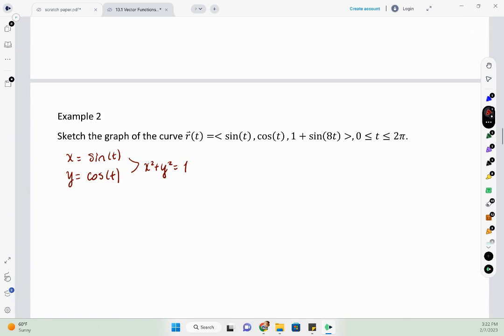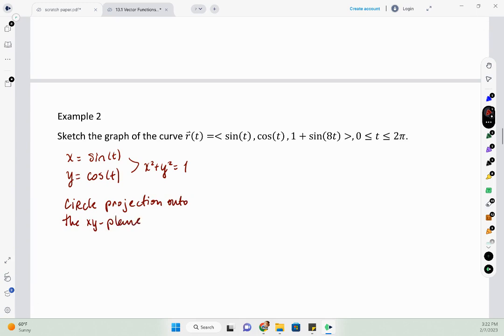So the relationship between x and y is a circle. On the xy plane, we're seeing a circle projection onto the xy plane.